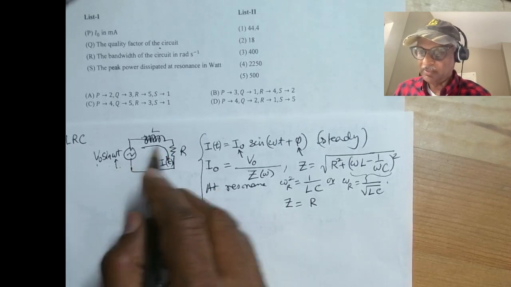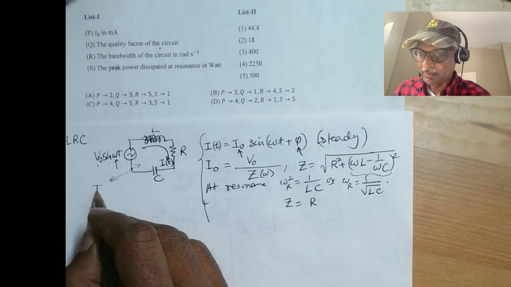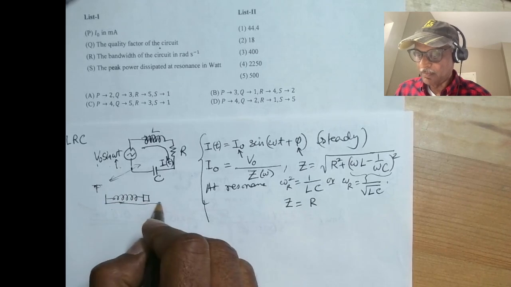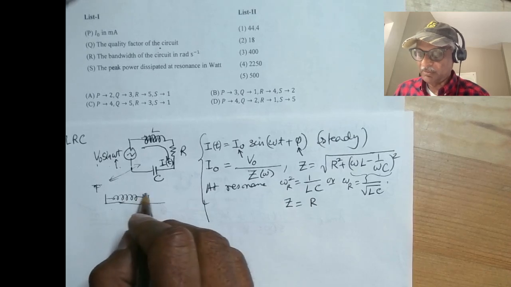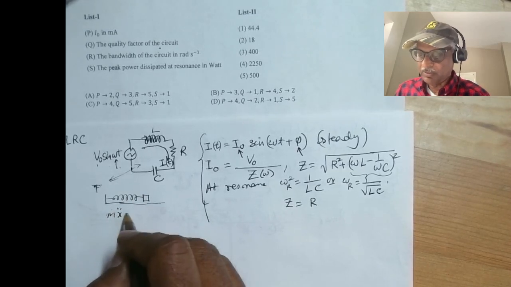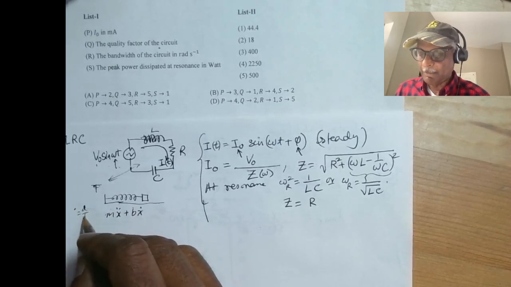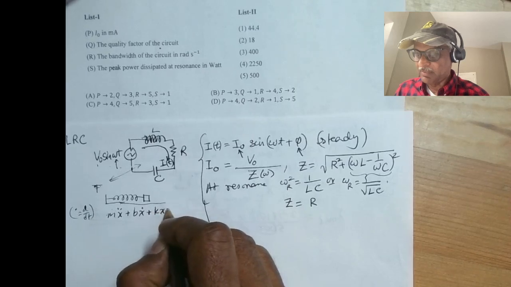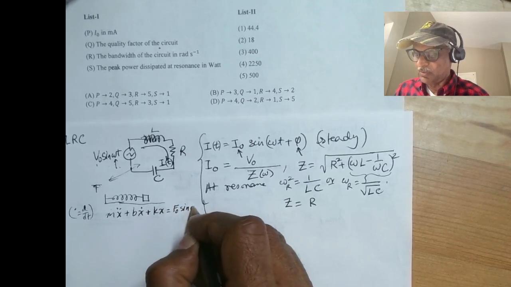This circuit has an analogy to a harmonic oscillator, which has a driving force, like m x double dot plus b x dot plus k x equals some force F0 sine omega t.